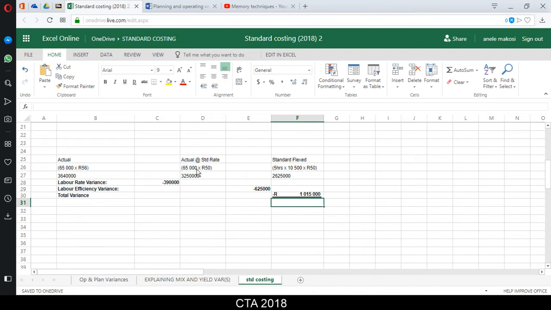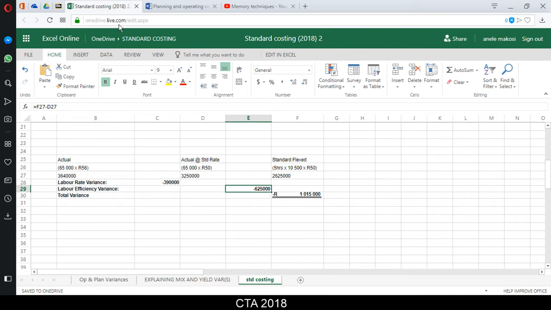Now, what I used to do, or what I did at first, if for instance you are asked to split this variance between the planning and operating, I thought if maybe I'm asked to calculate the planning variance for labor rate, what I would do is try to split this 390,000 between planning and operating, and also try to split this efficiency variance of 625 between planning and operating, only to realize that that's not how they do it.